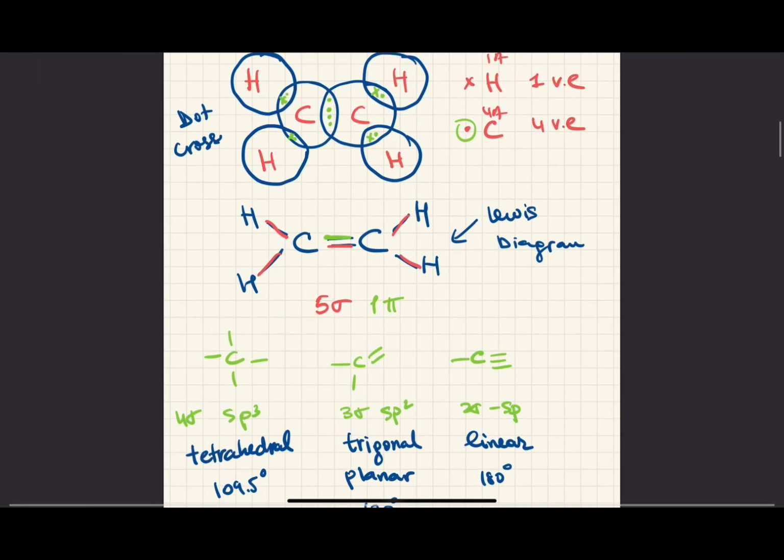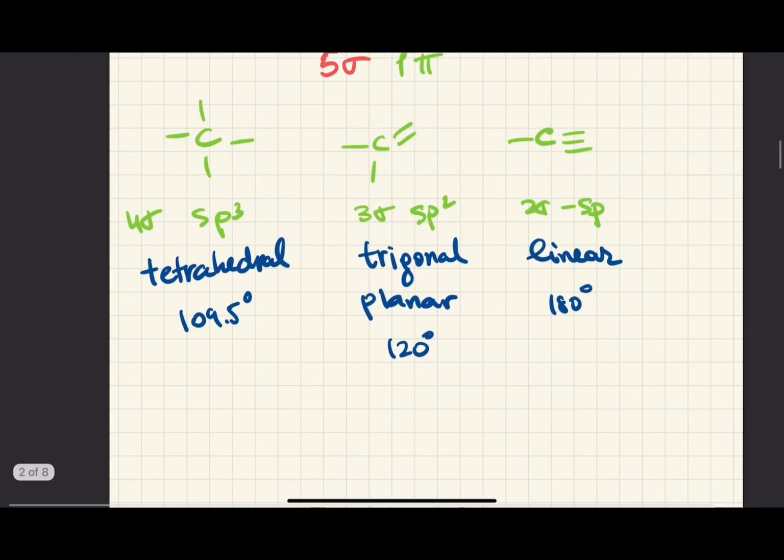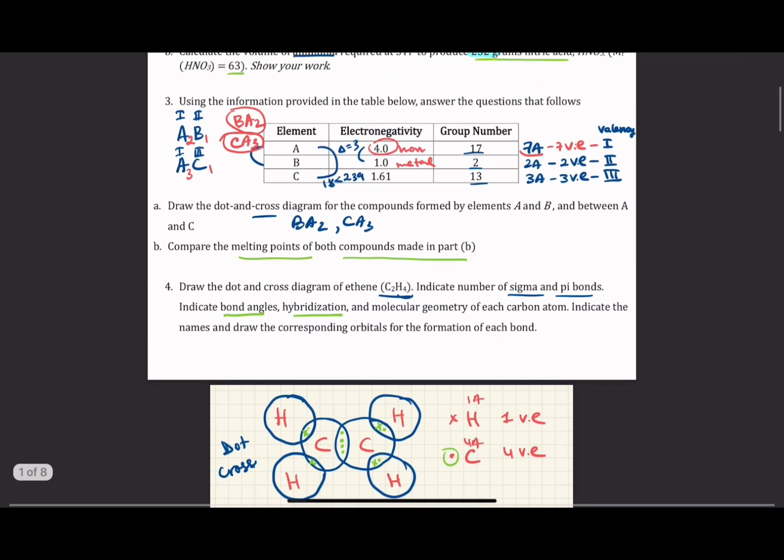Now from here, as you see, we have 3 sigma bonds on each carbon, so it would be 1, 2, 3 sigma bonds. So this would be sp2 hybridization for both, and the shape is going to be trigonal planar, and the bond angle is 120.